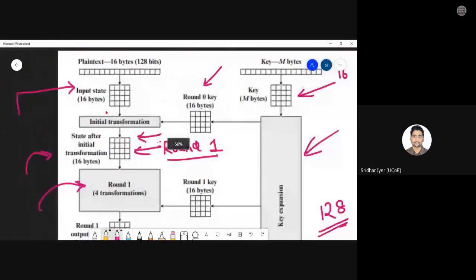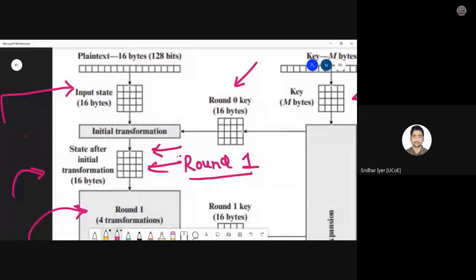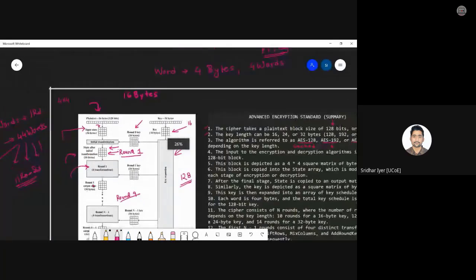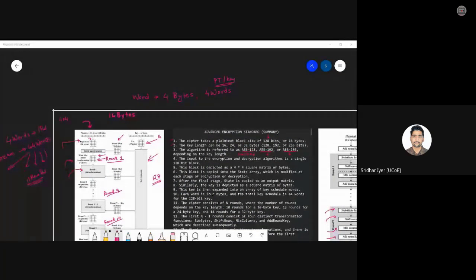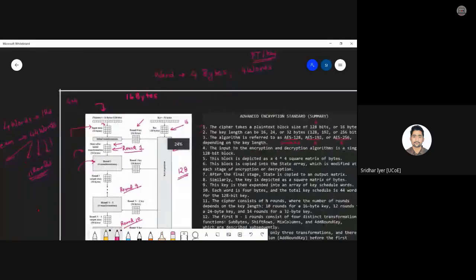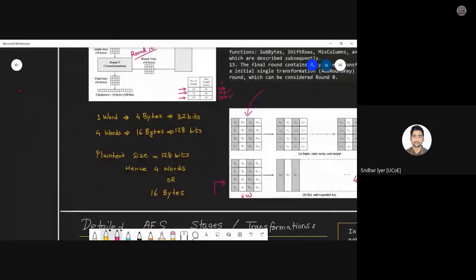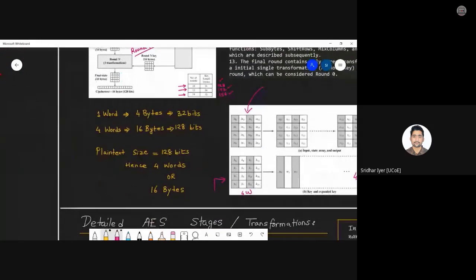You are getting this input state. As I had told you, each and every cell over here is nothing but a byte. Yes or no? That's why it is a 4 by 4 matrix, right? Come on, give me your answers. Each and every cell of the matrix is a byte, right? And we know that each byte is nothing but 8 bits. So what we are doing is dividing those 8 bits into two parts, left part and right part.